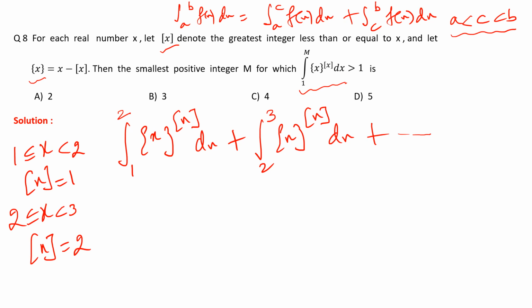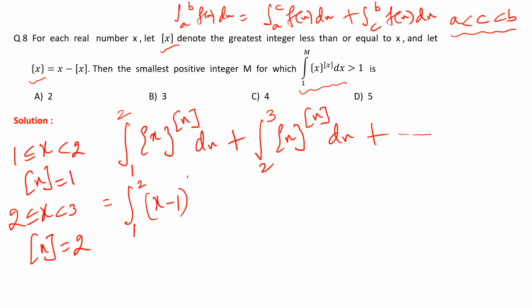Now let's calculate the values of these integrals. This is the first approach; I will be telling you a shortcut also. This is the general approach I am following. This value will be 1 to 2. The fractional part of x in this case can be written as x minus 1, because here x was lying in the 1 to 2 interval, so the GIF function x will be just 1.